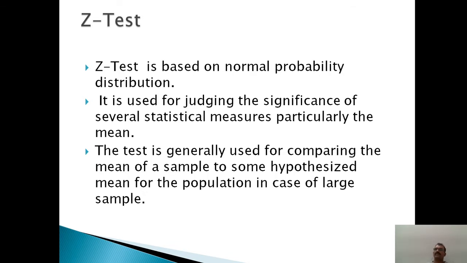Then we are going to discuss the tests one by one. Z test. Z test is based on normal probability distribution. Because it is a parametric test, the test is based on normal probability distribution. It is used for judging the significance of several statistical measures, particularly the mean.